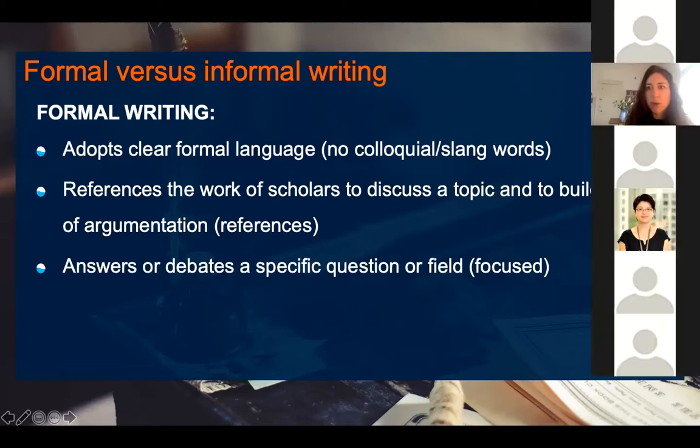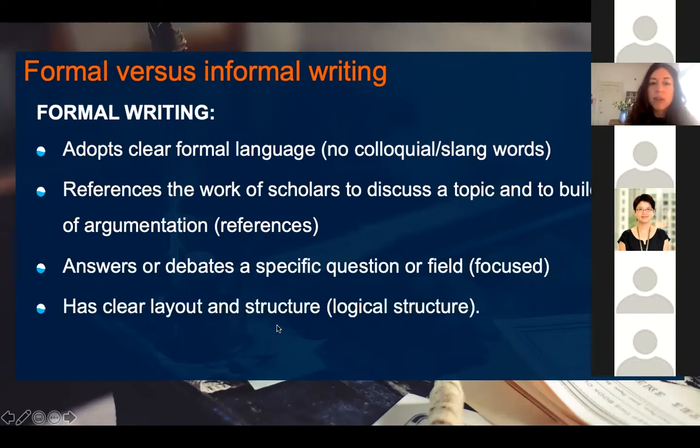It's not just writing about what you did yesterday, for instance, which is just an informal topic. You're actually focusing in on a particular question that you've built up and chosen because there is a lacuna or a specific gap in the field of existing research that you've identified and that you want to explore. That's what academic writing is about.